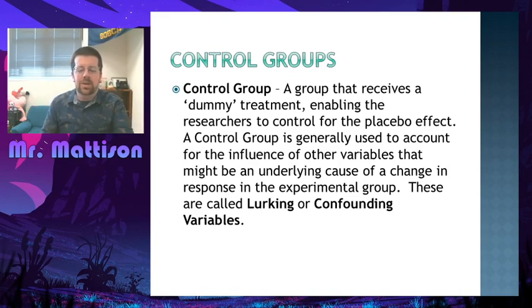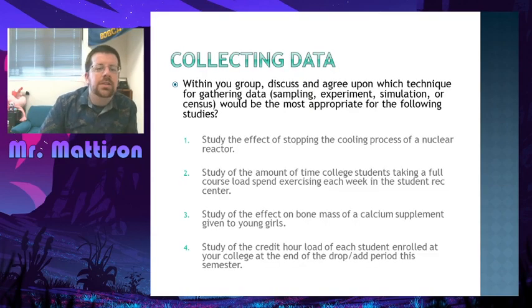It's any kind of group which is getting a false treatment which actually does nothing but you tell them that it does, right? And we do that to, one, take into account the placebo effect, but also it's a good way to find other lurking or confounding variables that might be causing problems for us.